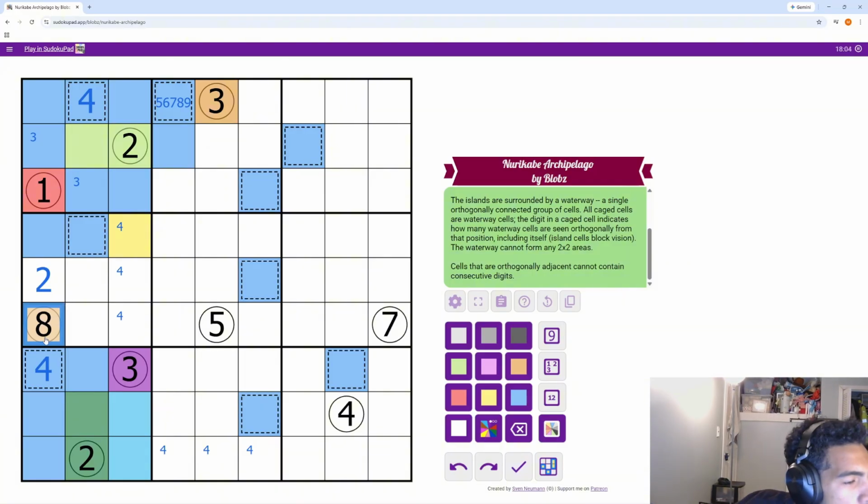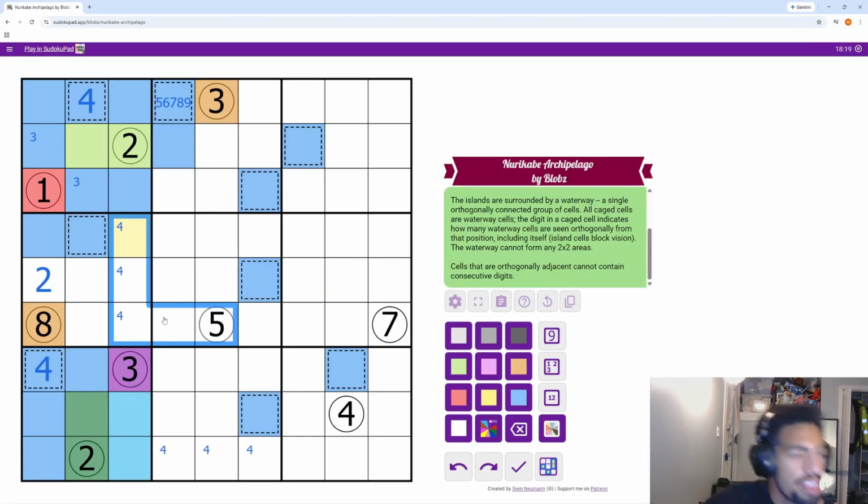Now, can I prove that this is? I guess the constraint would be I would need 5s to be like this or like this. Is there an issue with that being 5? Oh yeah, obviously if that's a 5, then 8 has no room to grow. Right.